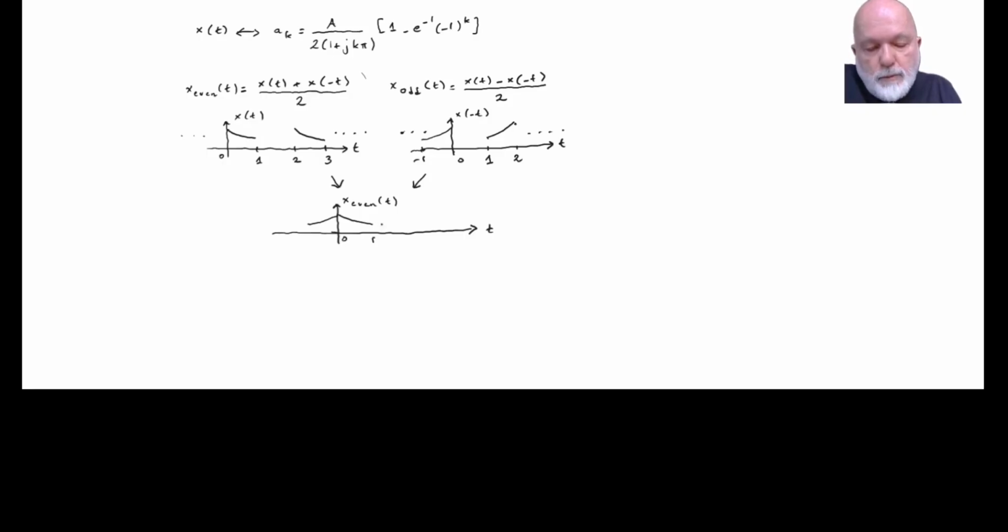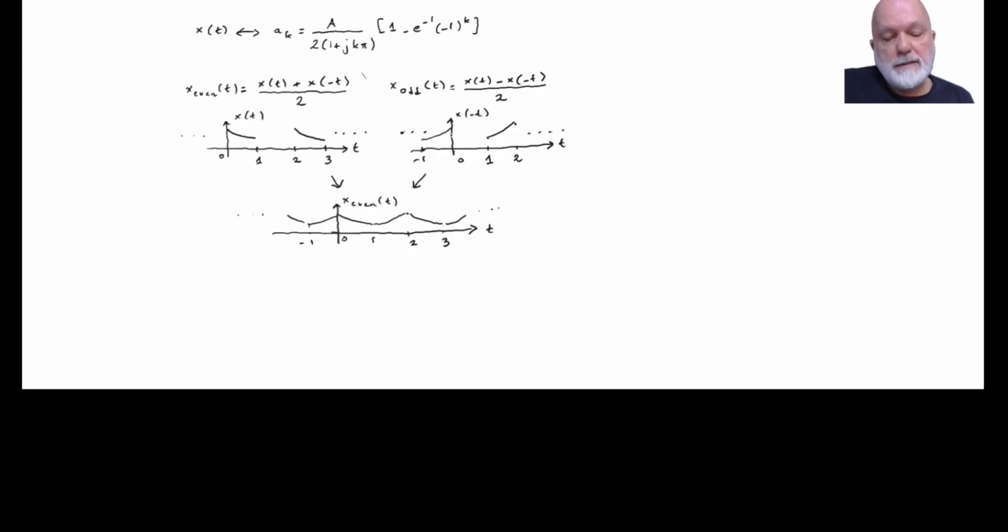From 0 to 1, and then from 1 to 2 we have this part, and then from 2 to 3, and so on. So this is the even part of the signal. Remember, x of t over the interval from 0 to 1 is equal to a e to minus t.